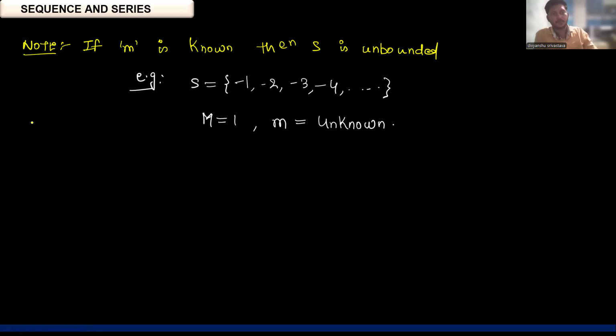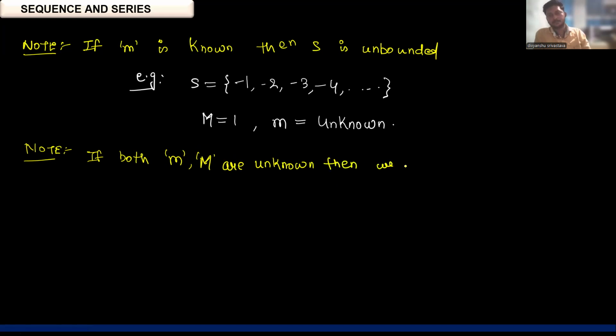Now the next thing is one more note. Here, if both small m and capital M are unknown, then we say S is unbounded from both sides.